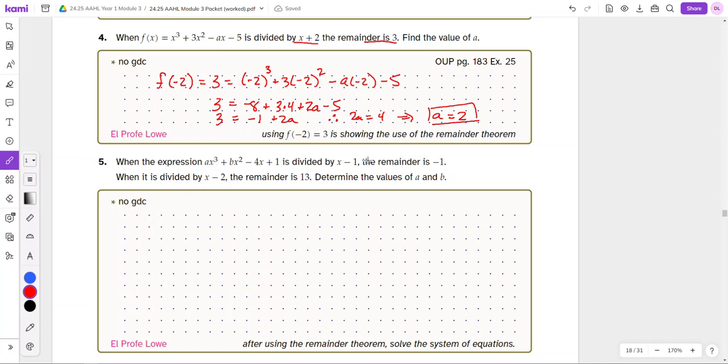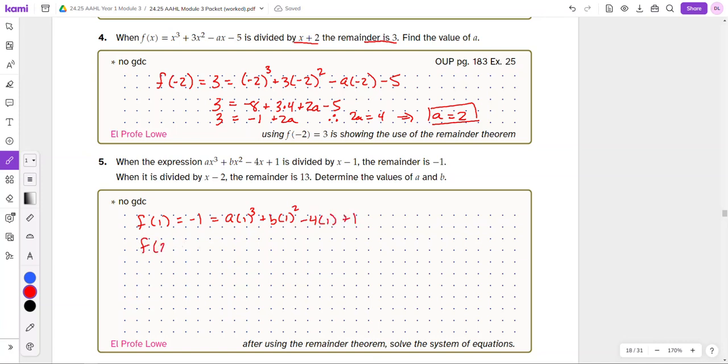So if I have division by x minus 1, the remainder is negative 1, that would be like saying f of 1 would be negative 1, and that would have to be a times 1 cubed plus b times 1 squared minus 4 times 1 plus 1.